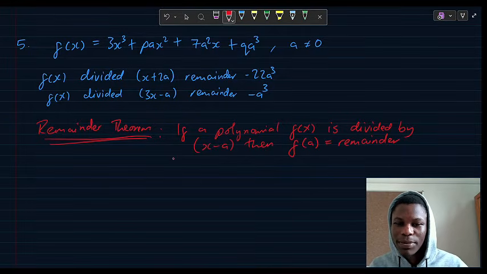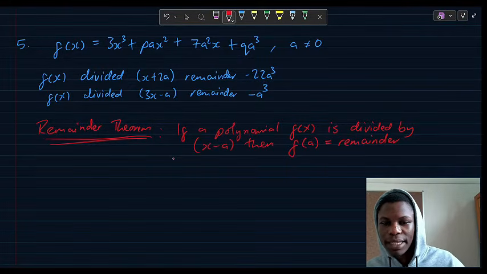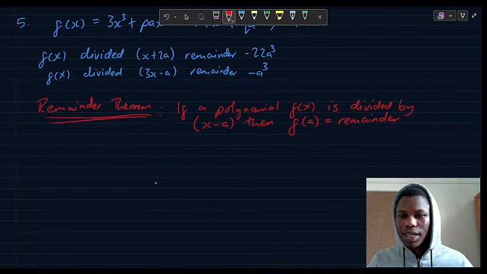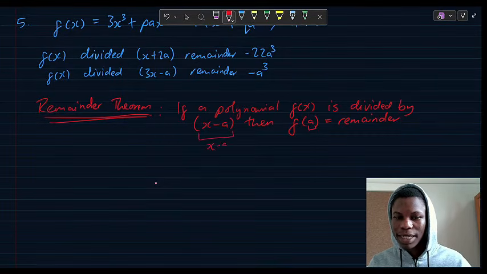So that means if x minus a divides our f of x here, then f of a is equal to whatever the remainder is. Applying that to what we have, notice the value that you put in here is whatever makes this bracket equal to 0. So x minus a is equal to 0, x is equal to a. So we put a there.